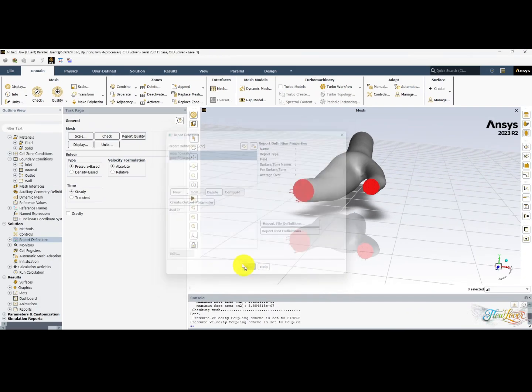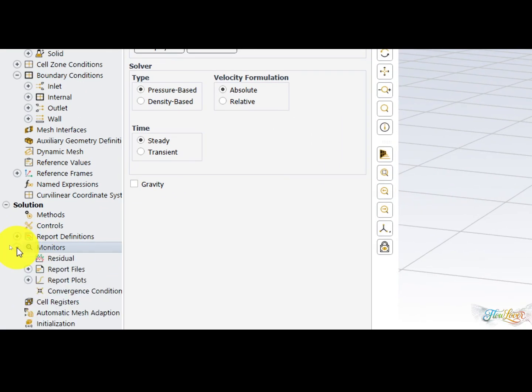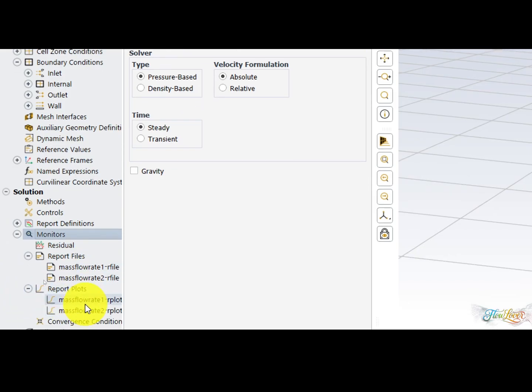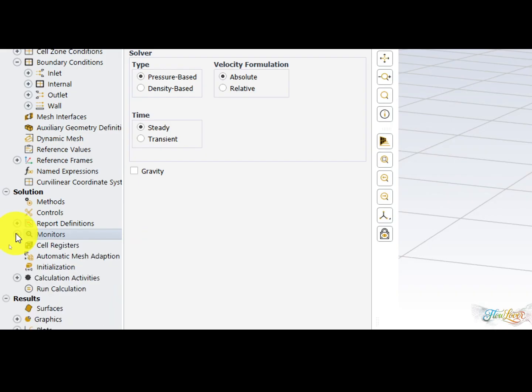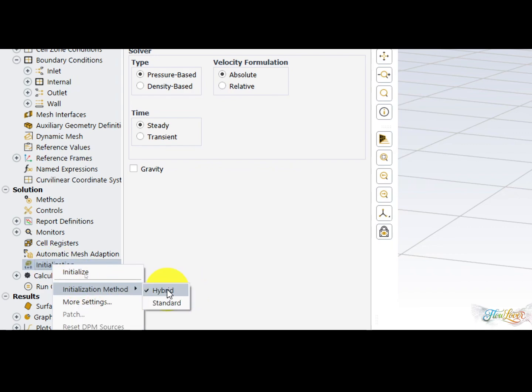So now if you go on the monitors, you can always see what you have for the report files and also the plots. Automatically, they will be saved here and also reported per iteration or per time step when we solve. The next one is the initialization. Basically, initialization in Fluent means that we need to specify an initial value for all the parameters.